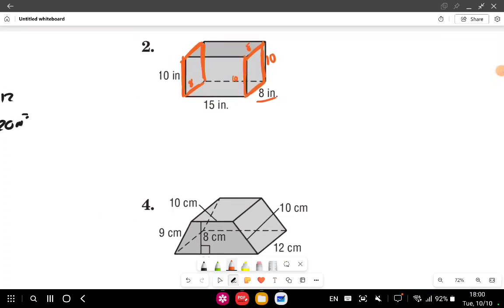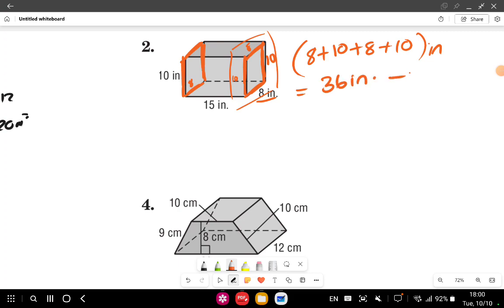So what are we going to do? You're going to add all 4. 1, 2, 3, 4. Add all 4. So we're going to say 8 plus 10 plus 8 plus 10. They're all in inches. That's 36 inches. This is the perimeter of the rectangle, of the base, right?